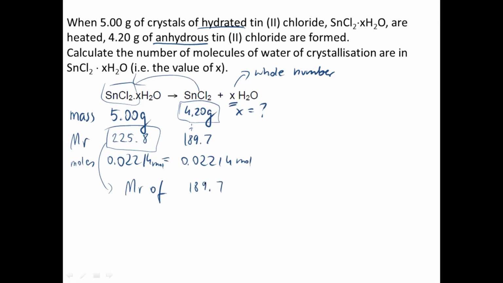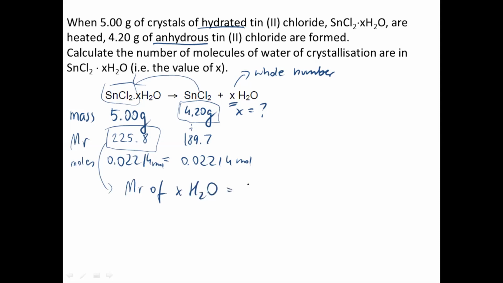So SnCl2 is 189.7. The whole thing is 225.8. So what you can do, you can work out the Mr of the X waters.